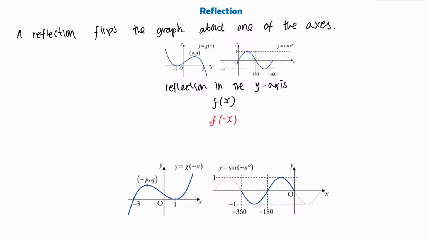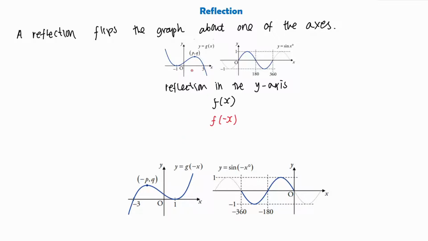Well, if we take a look at what a reflection in the y-axis looks like, we can simply see that this is just doing the -1 thing times by the x coordinate. So as we can see our point P, Q, if we times the x coordinate by -1, as it looks like this is doing, we can see that this is reflecting it about the y-axis, and our x coordinate, which was P, is now minus P. And we can see every other coordinate here is simply becoming minus whatever its x is.